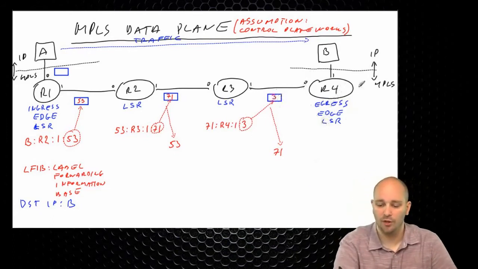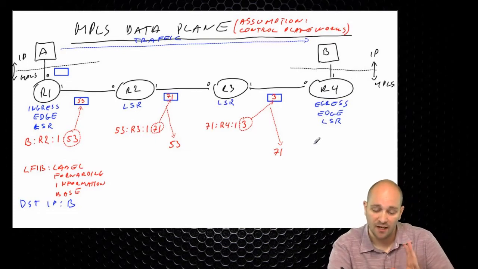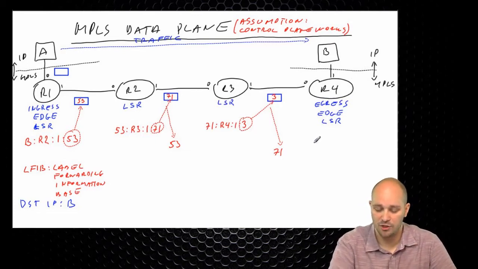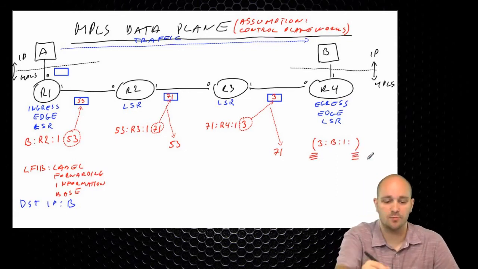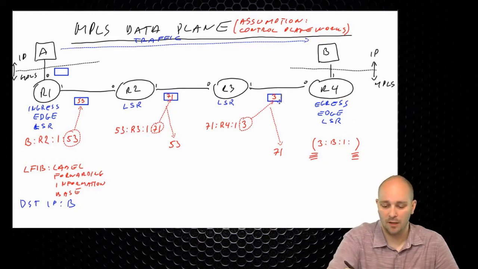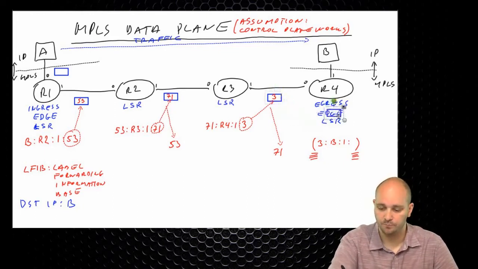But take a look. R4 here needs to send this to B without the label. So in its LFIB here, it is going to have an information, and I'm going to put this in parentheses. It's going to have an information that incoming label 3 means send traffic directly to B out of interface 1 and don't use any label. Okay? I'm putting this in parentheses for a reason. So I'm just going to somehow highlight these parentheses because the reason for this will become apparent a little bit later on. So here I'm going to have this packet that is now sent here. So what is happening here?